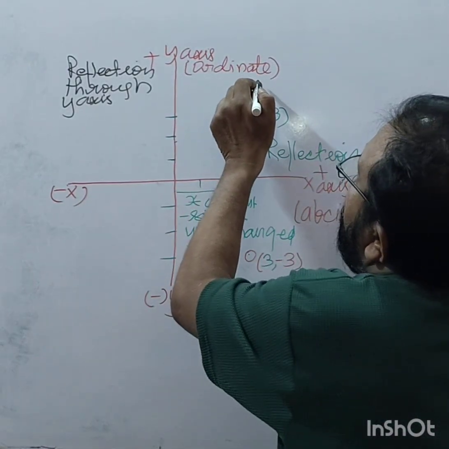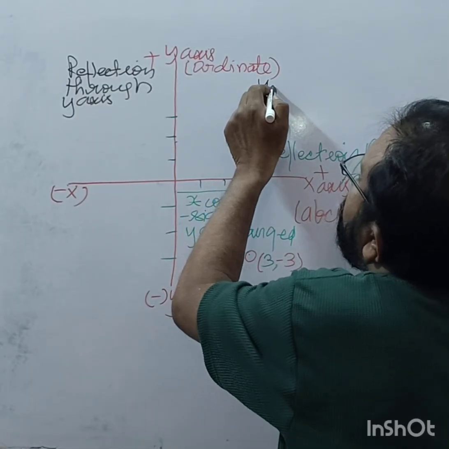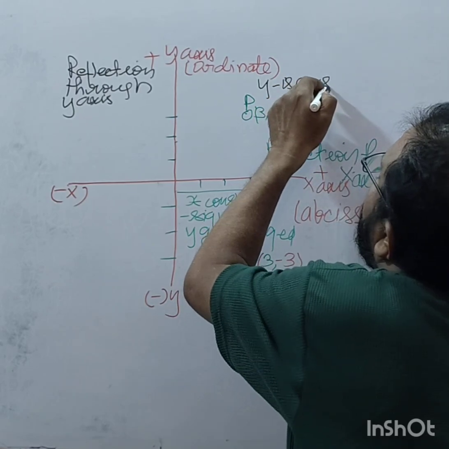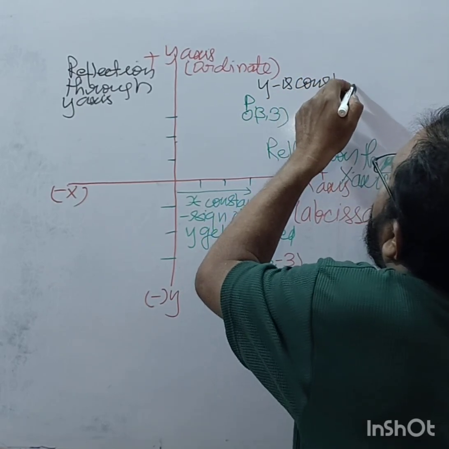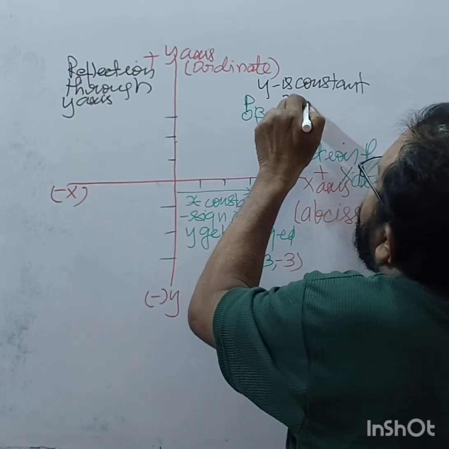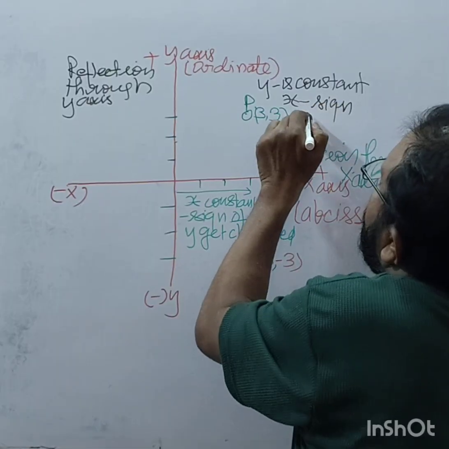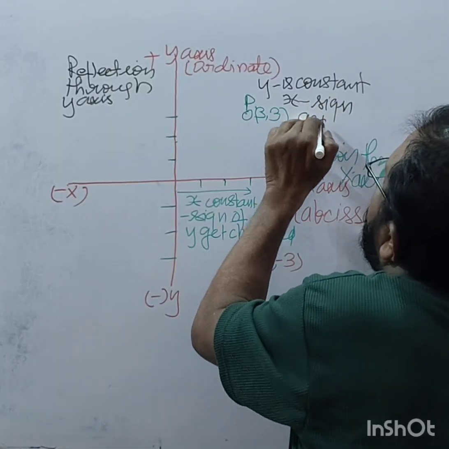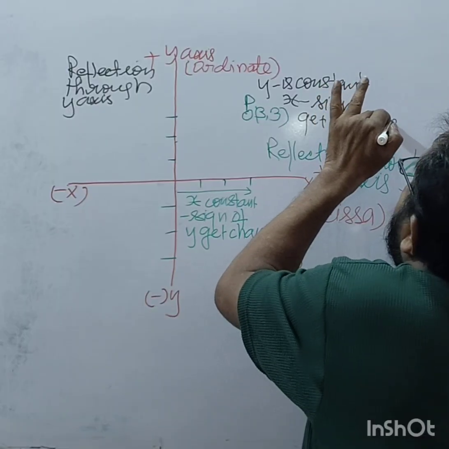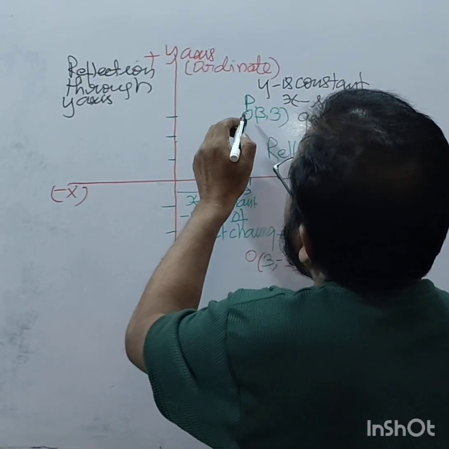Y is constant and the sign of x gets changed, right? So this plus 3 comes here.